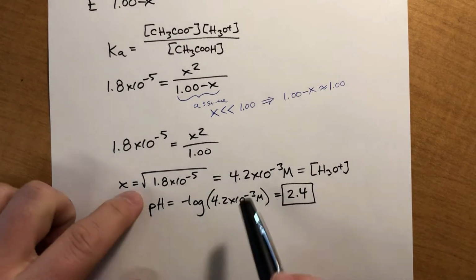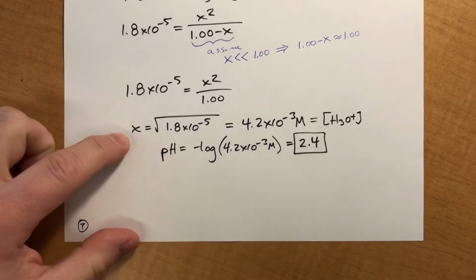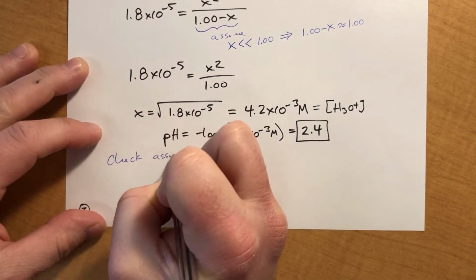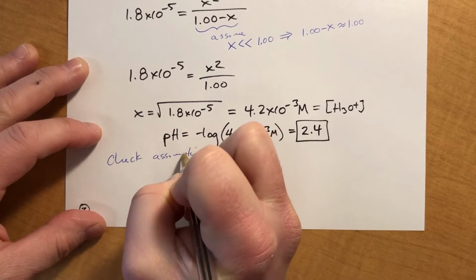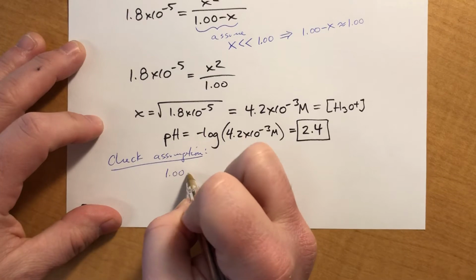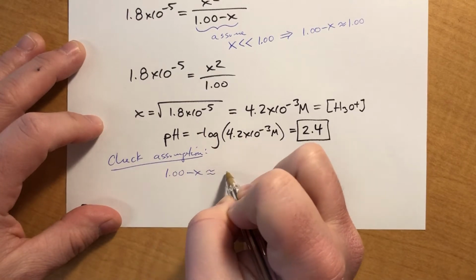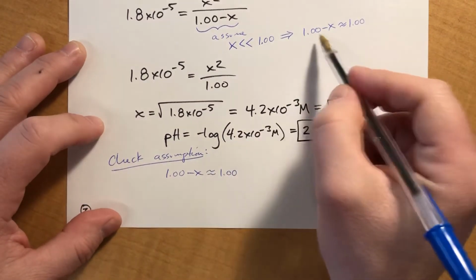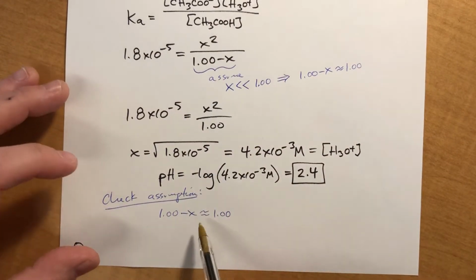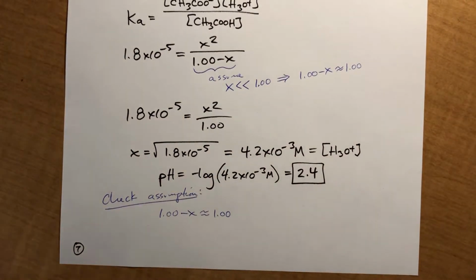So if that's what x is equal to, let's check our assumption. I'm going to switch colors here. If we take 1.00 minus x, we're hoping that it is equal to 1.00. That was the assumption that we made. We basically got rid of the x and replaced it with 1. If this is true, then we're fine.